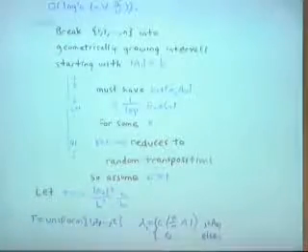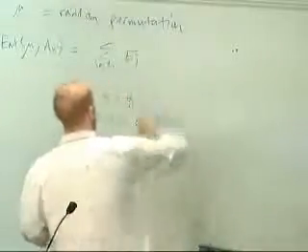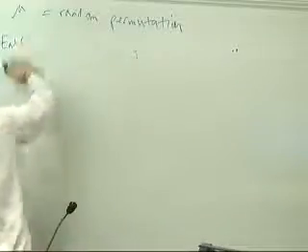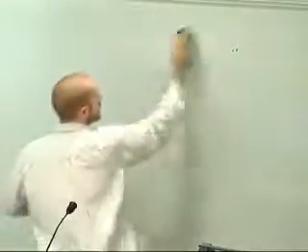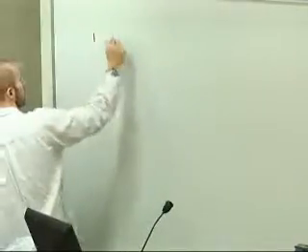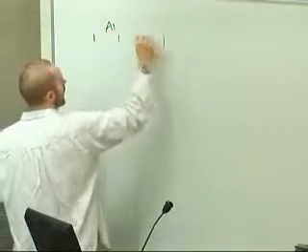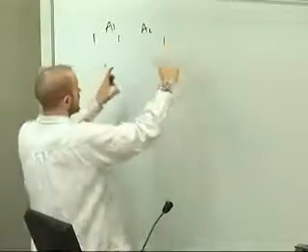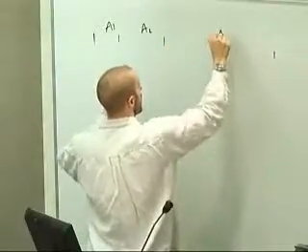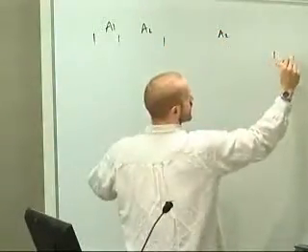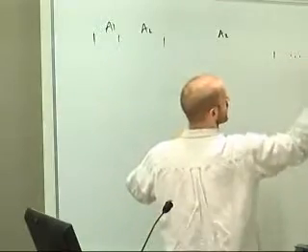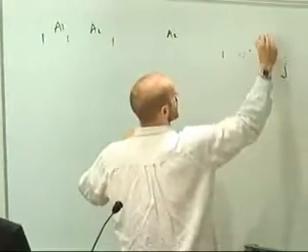So suppose we have our A1, A2, and so on. Remember, these are geometrically growing intervals. So suppose we have some j in AK.